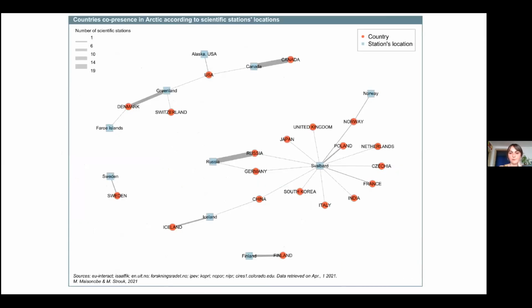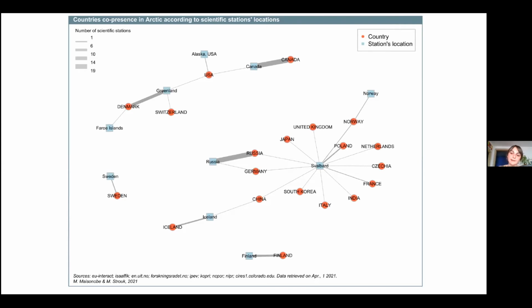And what I proposed was to look at this information more as a bipartite graph. Actually, it's a bipartite graph between places, but not in the same way. The blue squares here are the places where the stations are located, and the red circles are the affiliation countries of the stations.